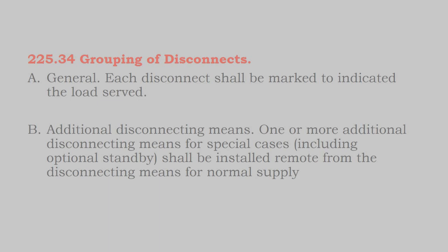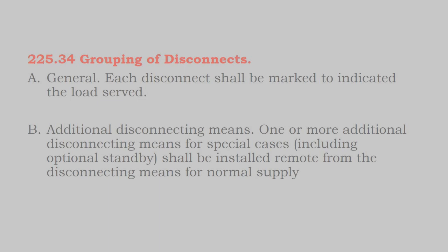And so standby switches and remote and emergency switches should be located remotely from the disconnect means for the normal supply. But then again, at the residential level, if the house is on fire, the fire department shows up, they don't want to turn the building off only to trigger the emergency power system.